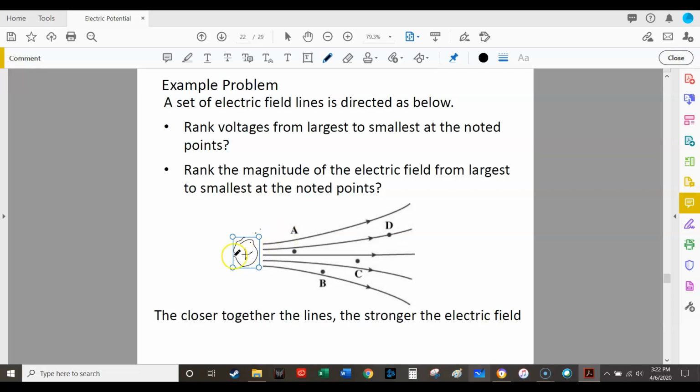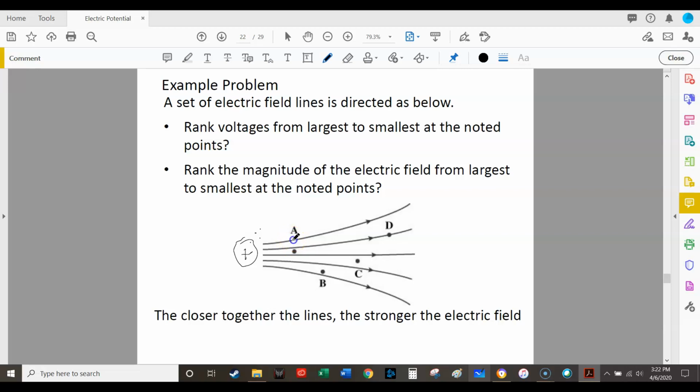If this electric field started bending back in upon itself, then that would tell me there's a negative over here, but there's not. So this is just being caused by probably one or a couple protons here.